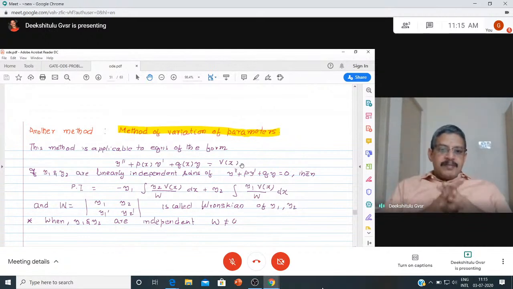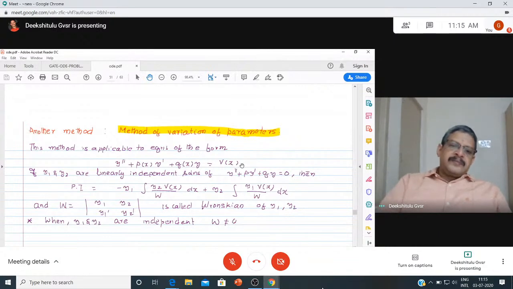Though this method is defined for differential equations with variable coefficients, that means p of x and q of x are functions of x, still in practice at our graduate level we apply this method only for equations with constant coefficients. We restrict our discussion to differential equations with constant coefficients.